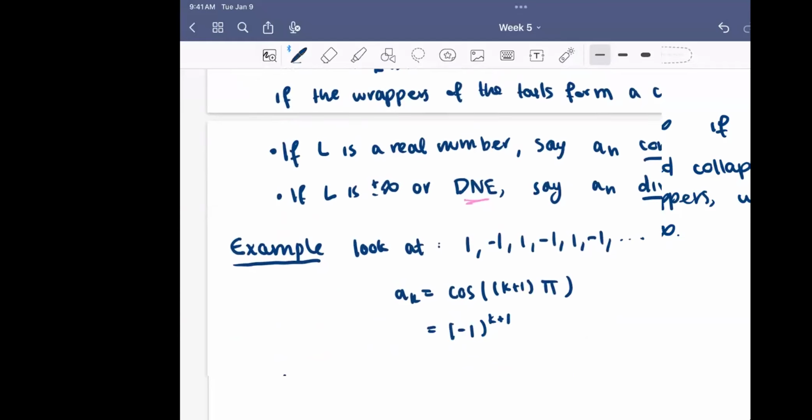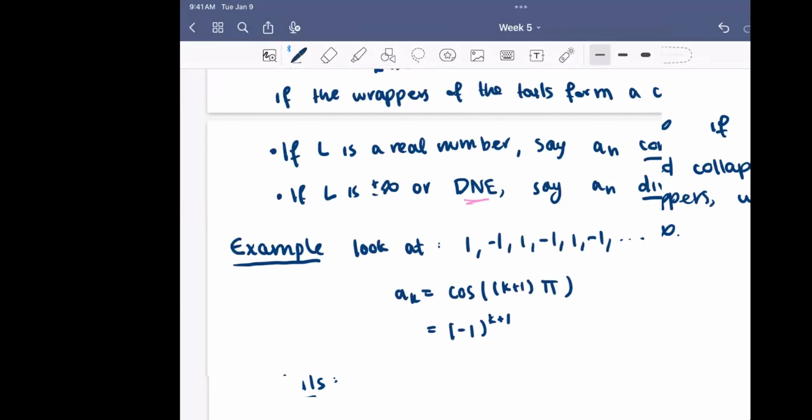So what are the tails in this case? What will the first tail look like? If I chop off the head, what do I get? The first tail is just going to be, I would take this sequence and chop off the first value. So I'm just starting at the second value, which is -1.